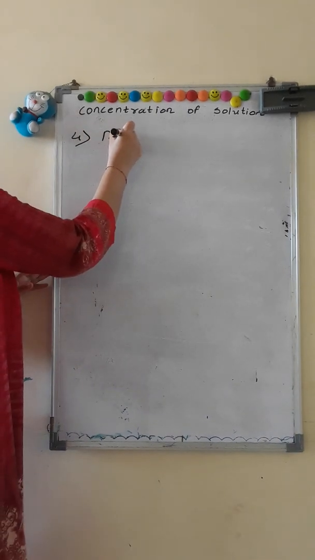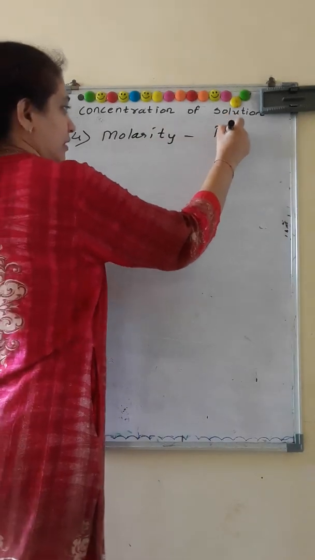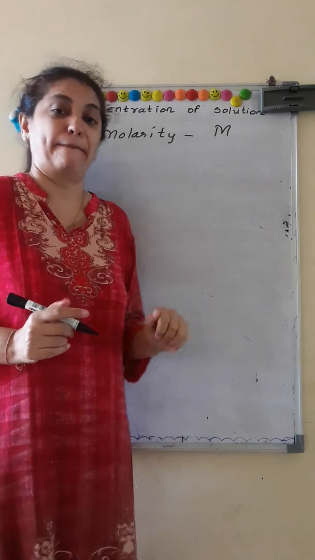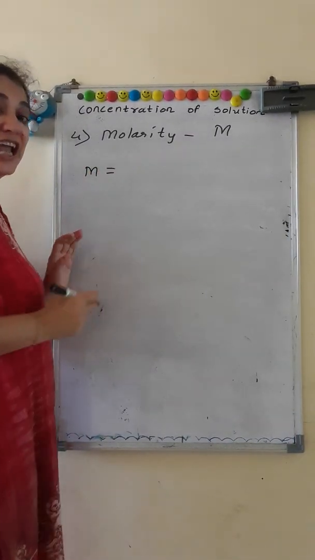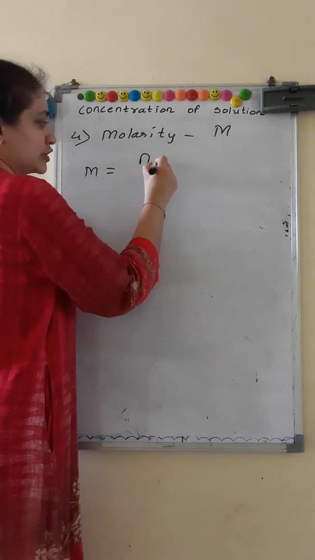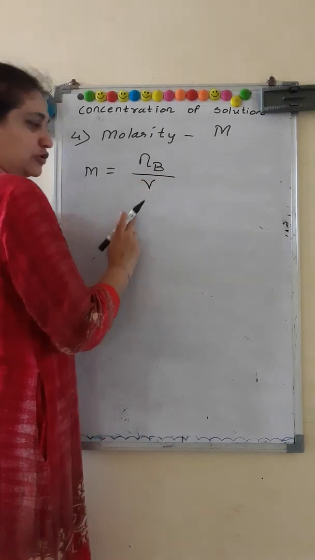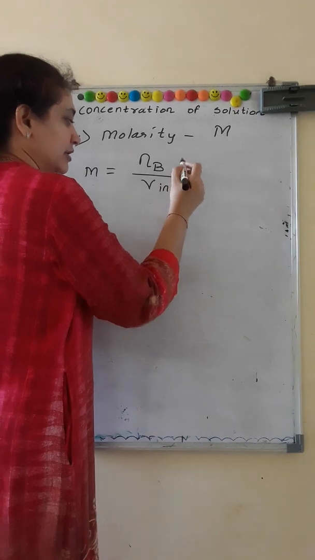Next we have molarity, which is denoted with letter capital M. And capital M can be calculated as number of moles of solute in given volume of solution, which is expressed in liter.